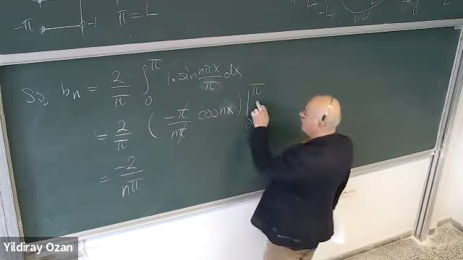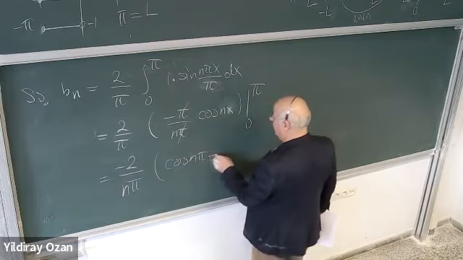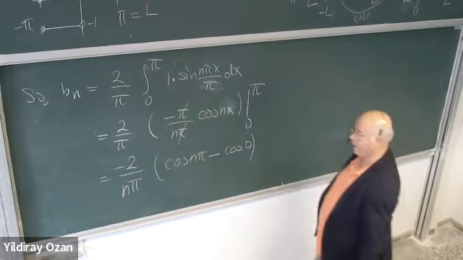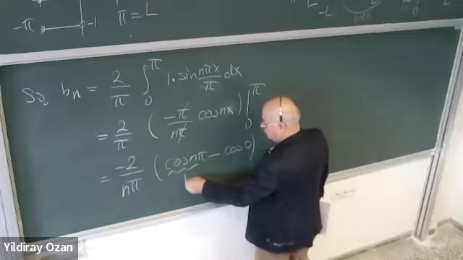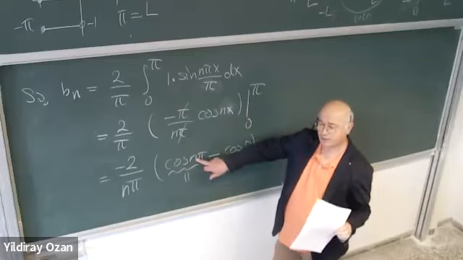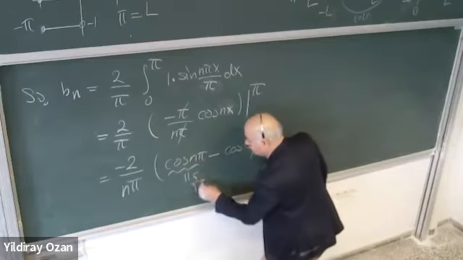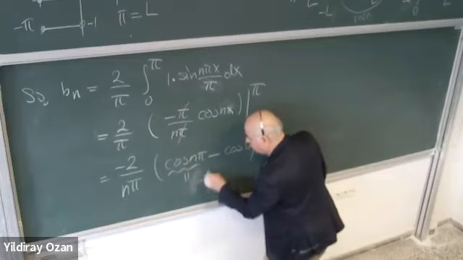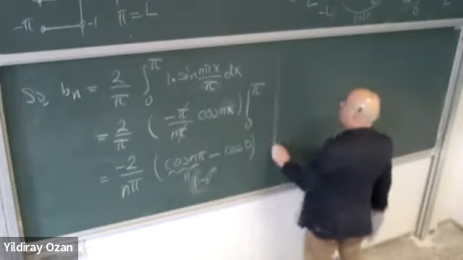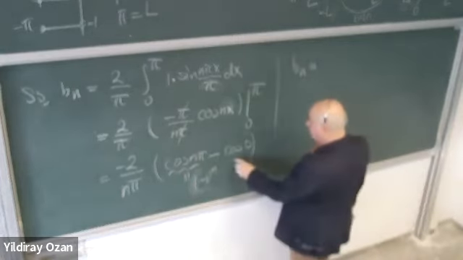And then cosine n times pi minus cosine 0. What is cosine n pi? If n is even, then it is 1. If n is odd, it is minus 1. So this is just minus 1 to the power n, right? So bn is just, and this is always 1.